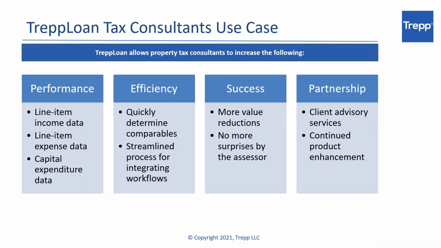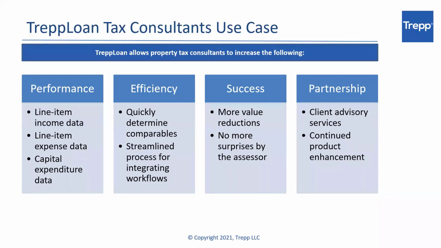It also acts as a tool to help prevent your consultants from being surprised by the assessor, by properties that have been refinanced and have appraisals or other market data available to the assessor that your client maybe hasn't shared with your consultant.